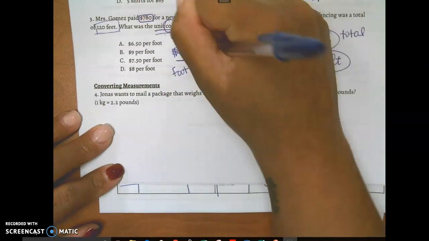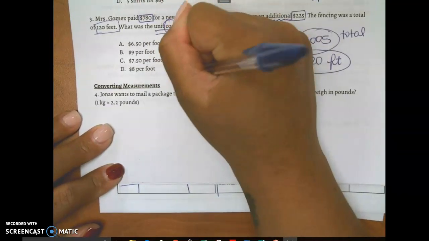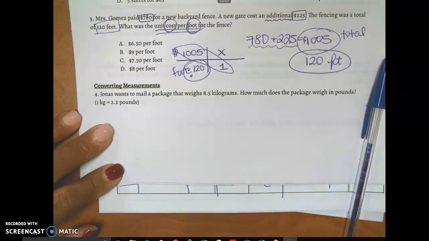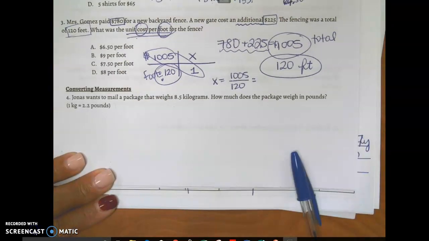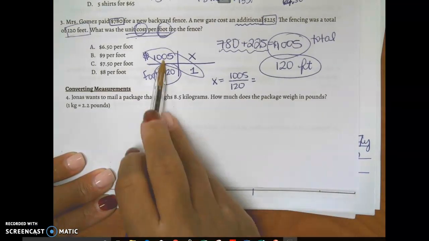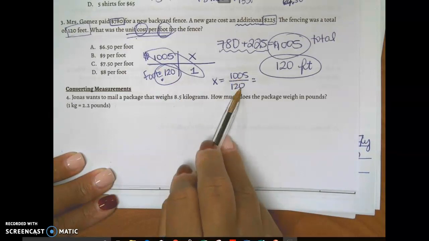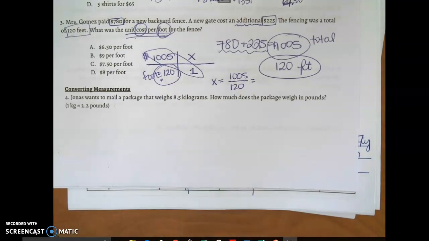Cross multiply, then divide. Okay, I want to make this a little more simple. I've multiplied 1,005 by 1 and I'm dividing by 120. What goes into 1,005 and 120? Think about divisibility rules that you learned back in 4th and 5th grade.